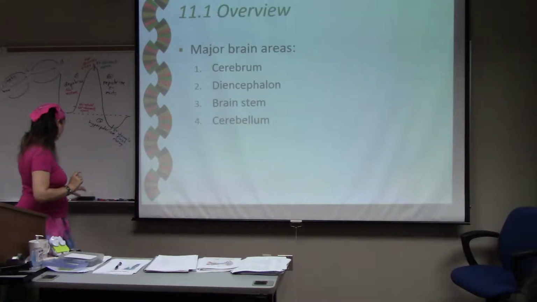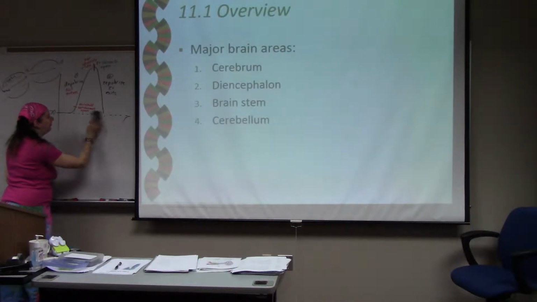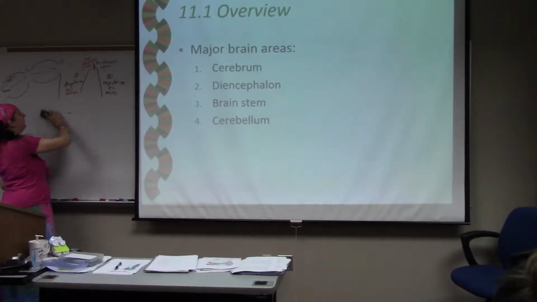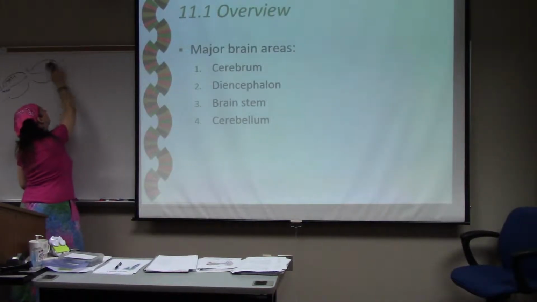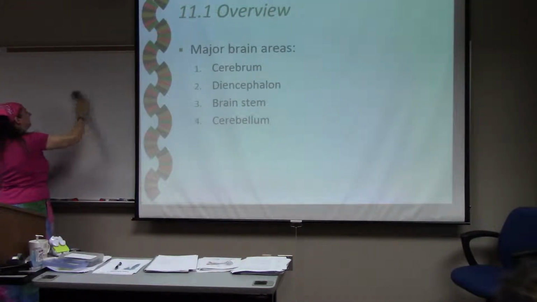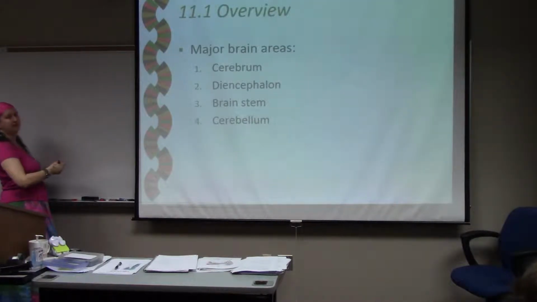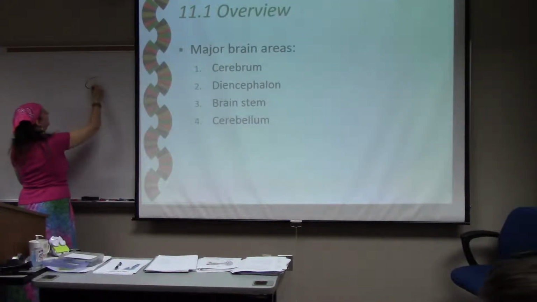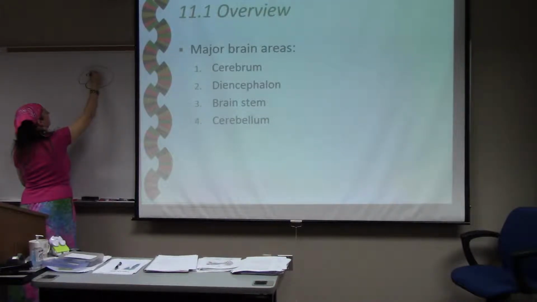The first section, the overview, tells us about the major brain areas. In a lateral view, the main thing you see is the cerebrum.